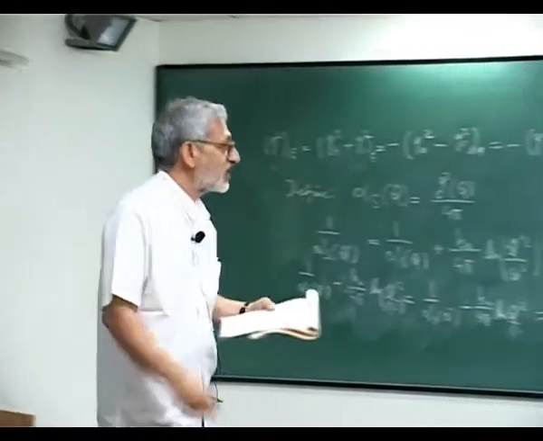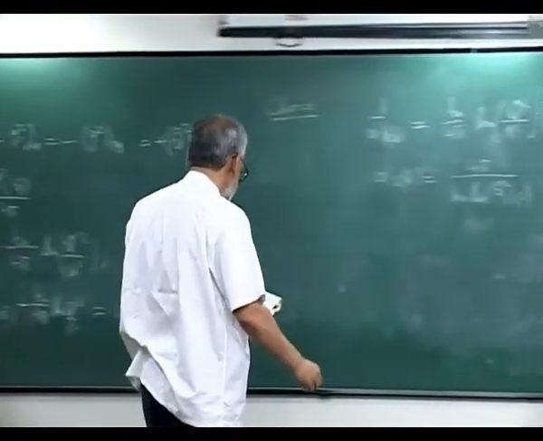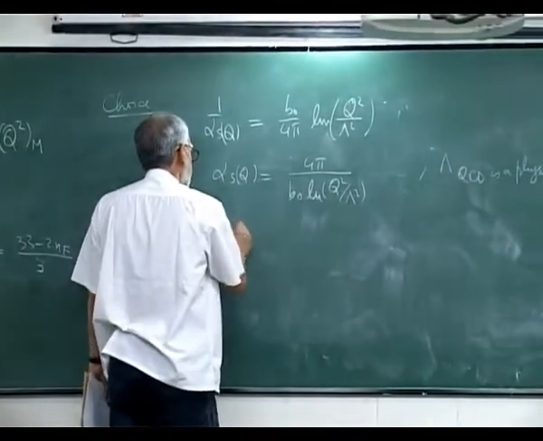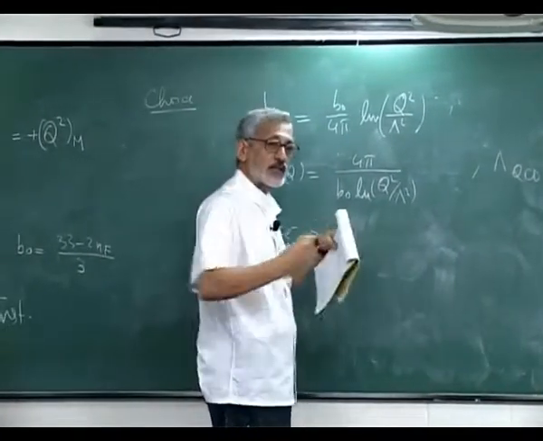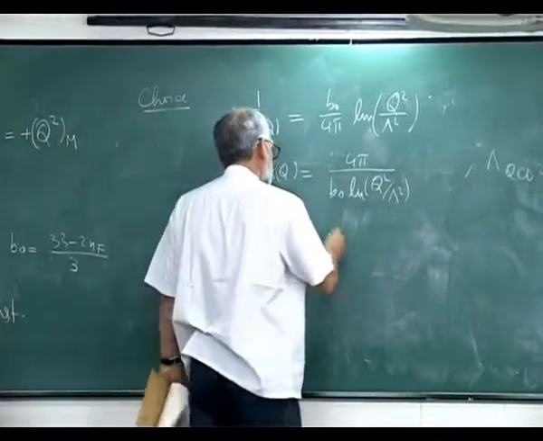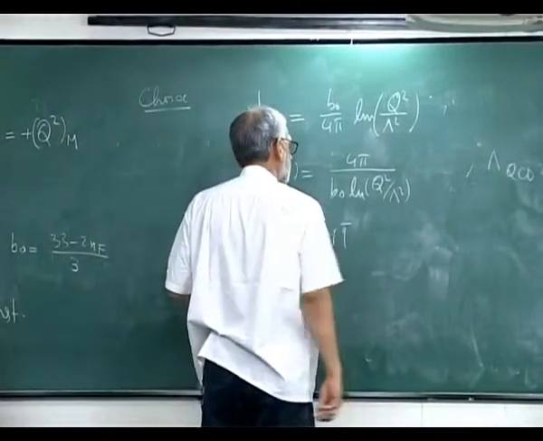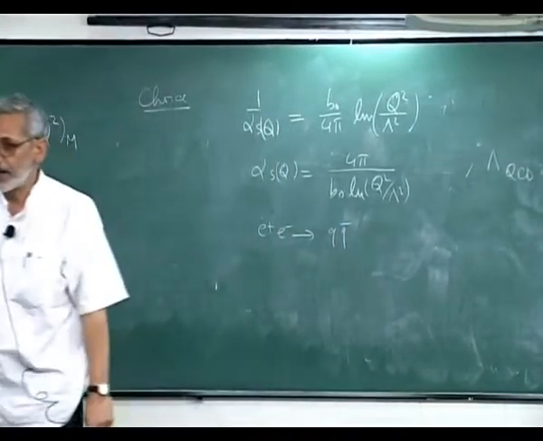Now, a careful experimental analysis of e plus e minus interactions, where you hit electrons and positrons and create quarks and anti-quarks, which means create hadrons.